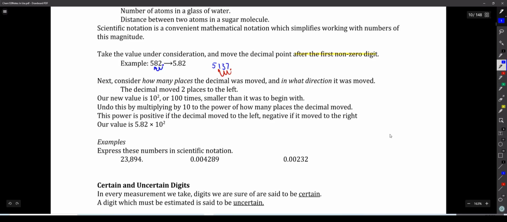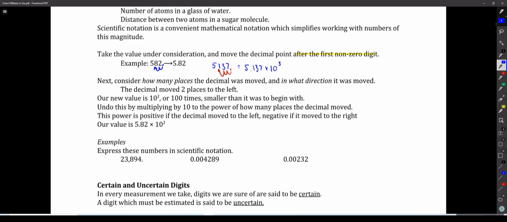So in scientific notation, this would be 5.137 times 10 to the third power. Good. Every time you move the decimal to the left, that's correct. That's how you do it.